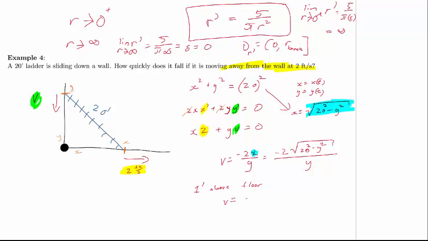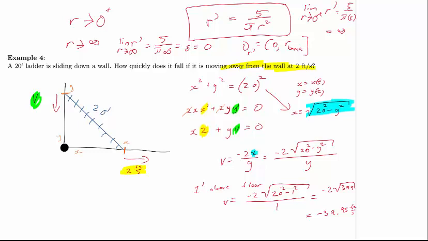You just plug one in, so we have negative 2 times the square root of 20 squared minus 1 squared, all divided by 1. And so it becomes negative 2 times the square root of 399 all over 1. I'll leave that off. And so when you work this, plug it into the calculator, you will get negative 39.95, and that would be feet per second.